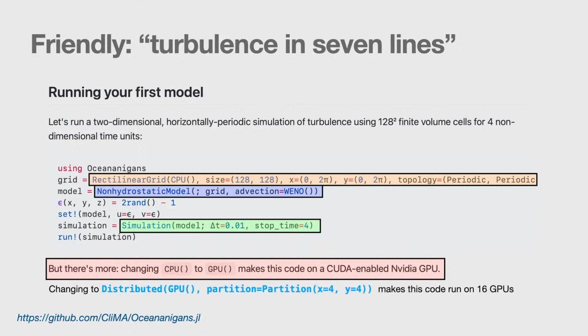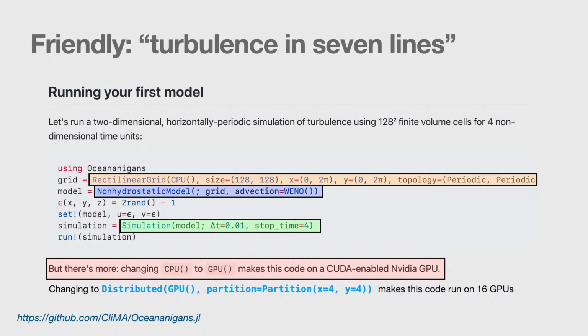And we also aim to make distributed computations as easy. There's a little bit more complication in that, but as for changing from CPU to GPU, to make this simulation run on distributed architectures, you just change the architecture argument to a distributed argument, and that will run on distributed hardware.